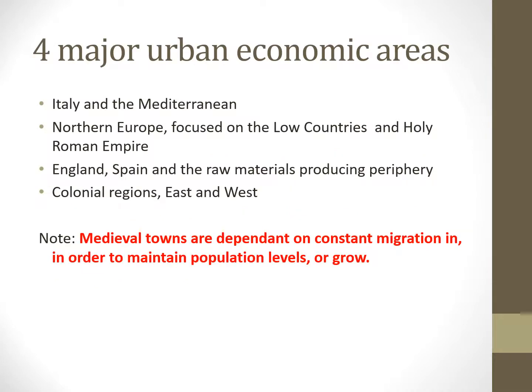Now I'm going to start out by framing up the shape of the medieval economy in the later Middle Ages in particular. By the time we get on to the 13th and 14th century and beyond, we have four major urban economic areas. The first is Italy and the Mediterranean.